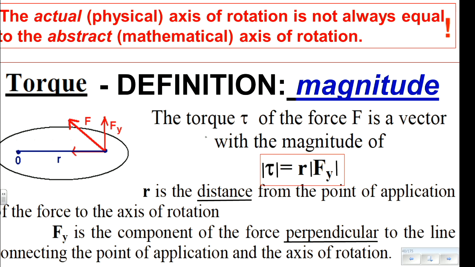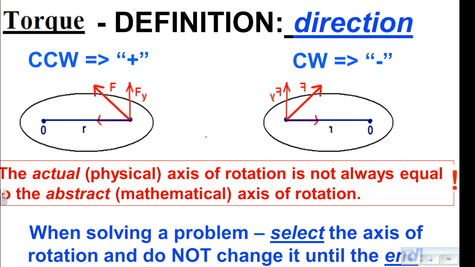What about the direction? What do you think? Right-hand rule, of course. When a force exerts a torque which affects the motion in a counterclockwise direction, we call that torque positive.